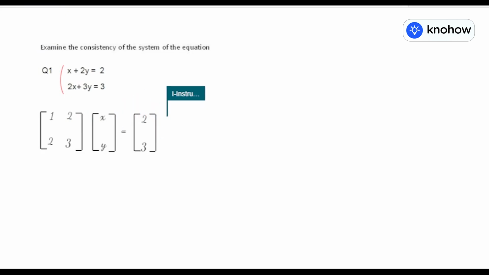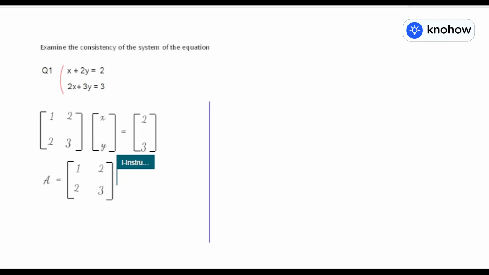Now the coefficient matrix, if I denote it by the symbol A, is 1, 2, 2, 3. So it is A, the coefficient matrix, that will decide whether it is consistent or not. Though I have already discussed in the previous class, I repeat: in case the matrix A is non-singular, what is a non-singular matrix?